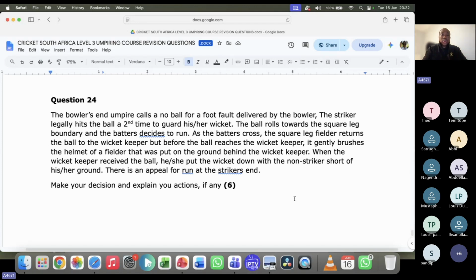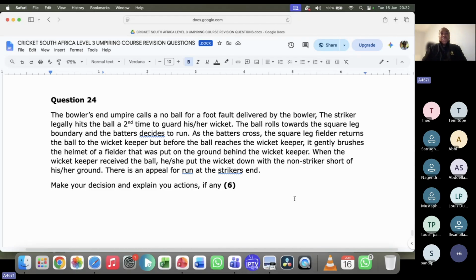As the batters cross, the square leg fielder returns the ball to the wicketkeeper, but before the ball reaches the wicketkeeper, it hits the helmet behind the wicketkeeper that is placed on the ground. The wicketkeeper then collects the ball, whips off the bails at the striker's end with the non-striker short of his or her ground.